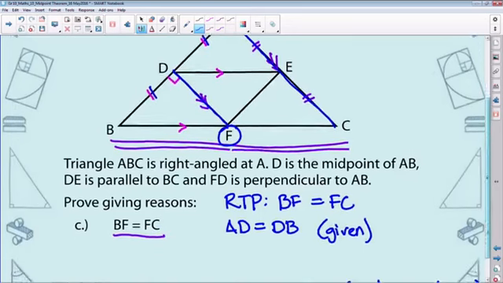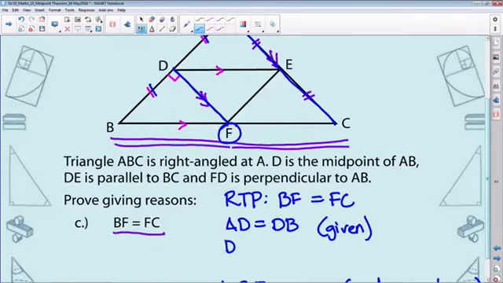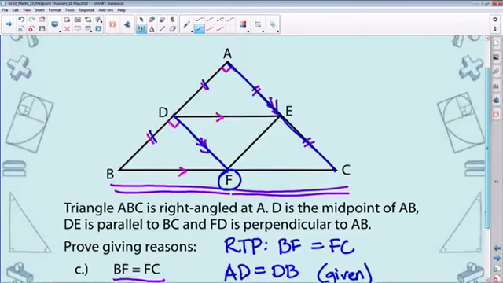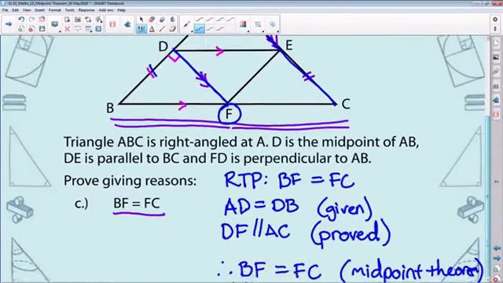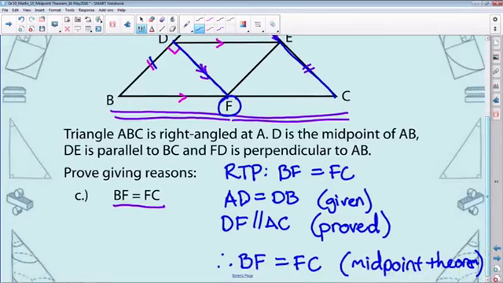Then I've just recently proved that DF is parallel to AC. And for that reason, I can say proved, because I proved it above. So that means, therefore, BF equals FC because of the midpoint theorem.